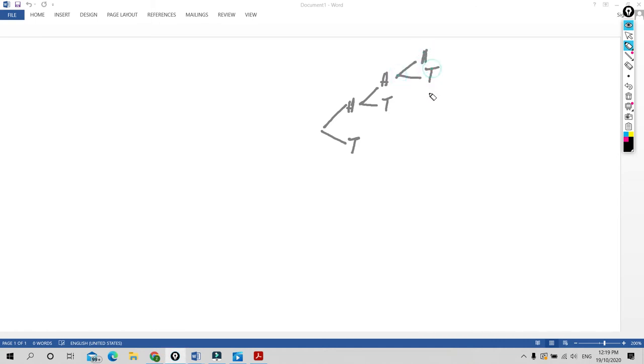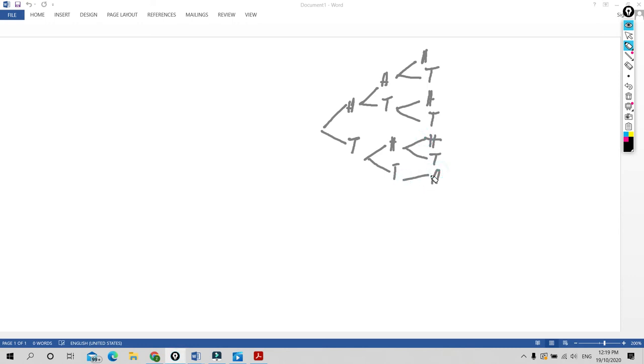Here I have head and tail, this part I have head and tail, and here I have head and tail.